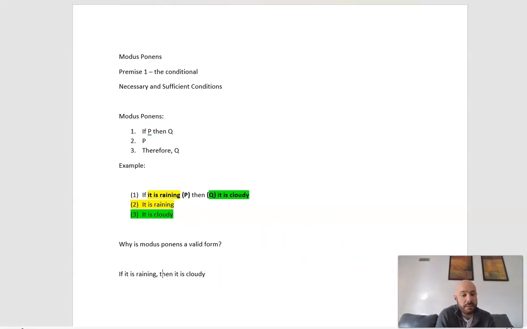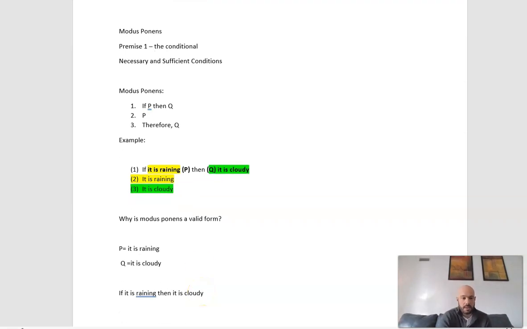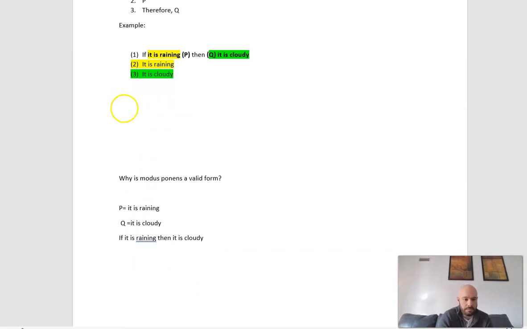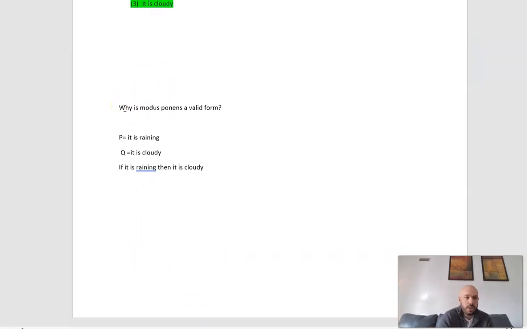And notice again, you can break these into their P's and their Q's, right? So let's just identify them. Okay. And then we can make a claim. Now notice our statement here. If it's raining, then it's cloudy.